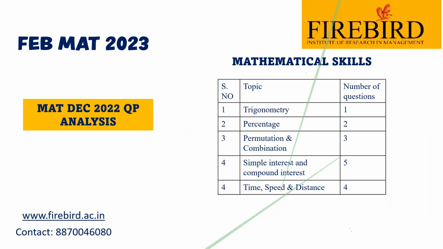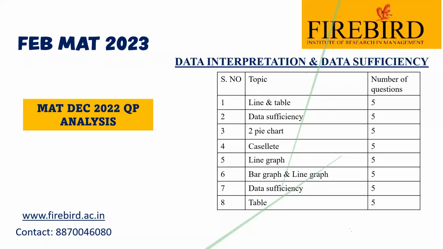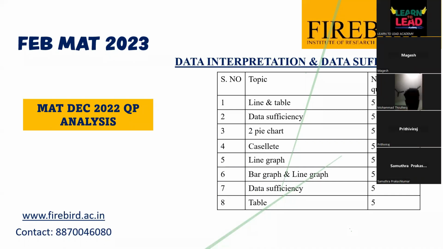Percentage, profit and loss concept is very, very important. Percentage concept is very, very important to solve data interpretation and data sufficiency. Definitely out of 40 questions, 15 to 20 questions you can expect based on percentage, right? So don't skip the percentage topic. Percentage, profit and loss, be thorough with that.